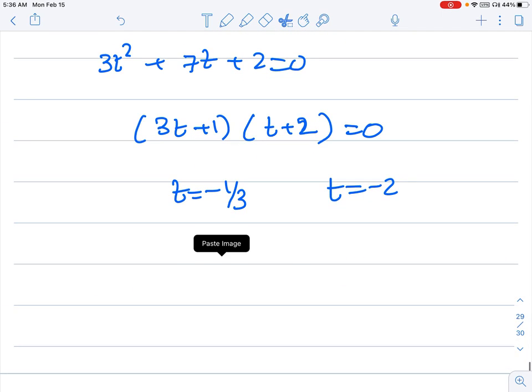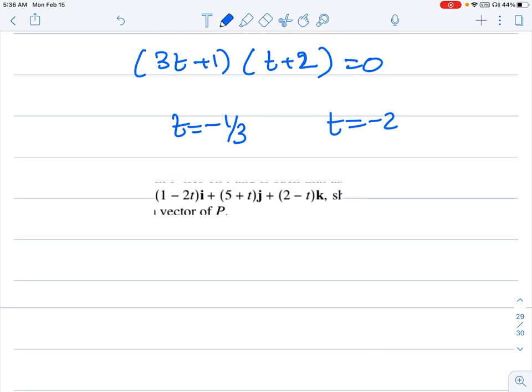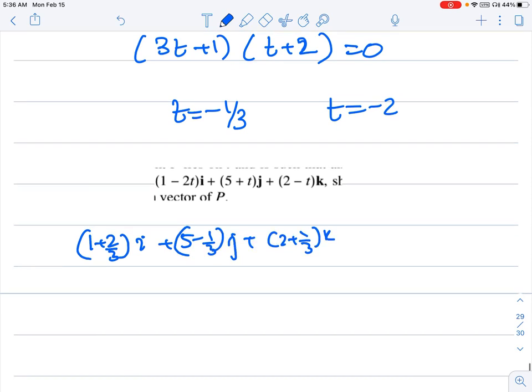So I got that, and substitute t is equal to minus 1 by 3, so 1 plus 2 by 3 i plus 5 minus 1 by 3 j plus 2 plus 1 by 3 k. So it becomes 5 by 3 i plus 14 by 3 j plus 7 by 3 k.